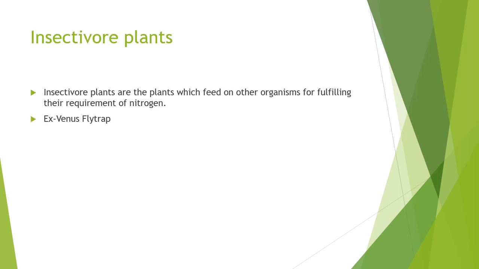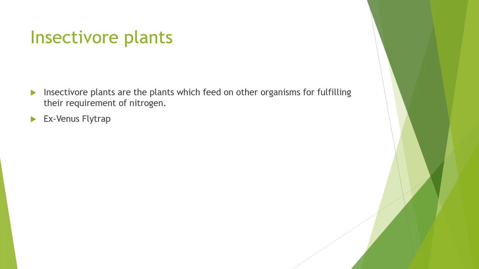Now we are going to learn about insectivorous plants. It's a kind of heterotrophic plant. So we are going to learn what exactly insectivorous plants are. These kinds of plants grow in areas where the soil is deficient in nitrogen. So in those areas these kinds of plants are grown. For fulfilling their requirement of nitrogen, they have to eat organisms and suck the nitrogen from them.